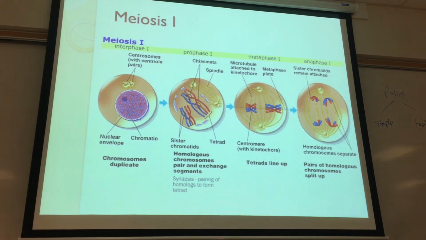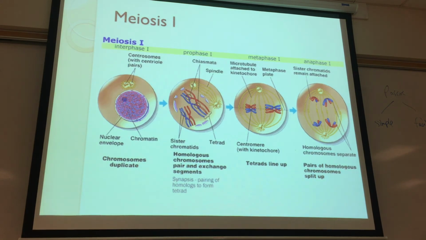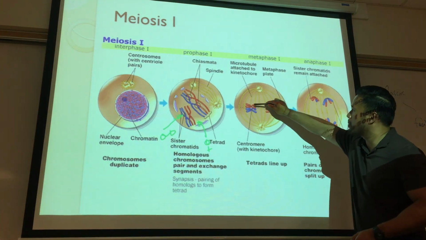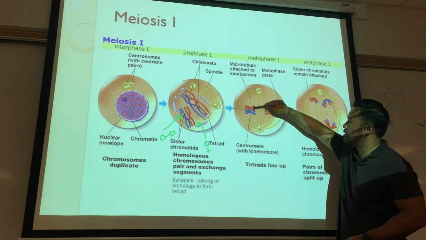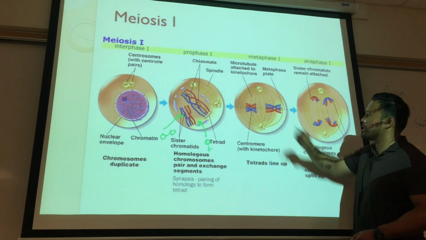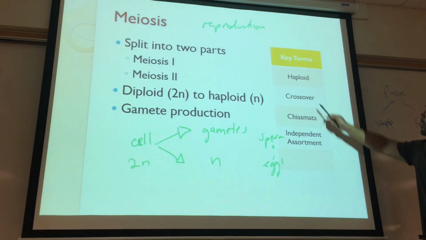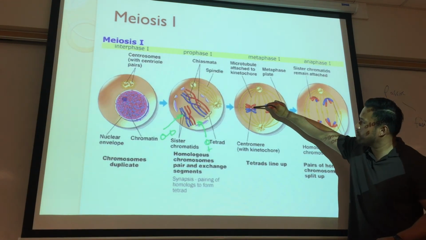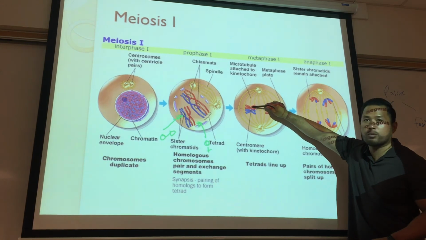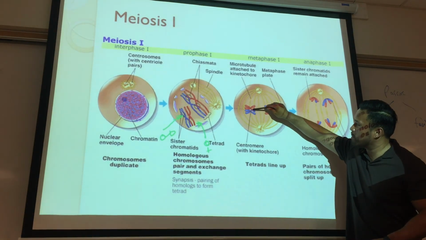And here we can call, just for the sake of simplicity, the blue ones the paternal DNA. The red ones will be maternal DNA. We get that duplicated. I'm sorry, not duplicated. We do duplicate them, but we arrange them along that metaphase plate where we have pairs that come together. Crossover is where you actually get paternal DNA that mixes with maternal DNA, and you get them to mix together.